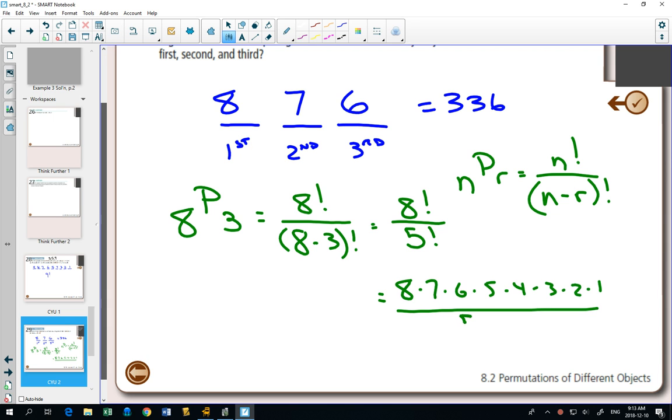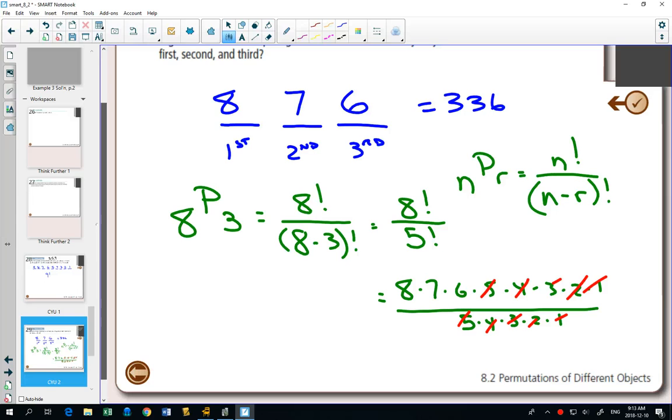And 5 factorial is 5 times 4 times 3 times 2 times 1. And what happens to a bunch of the things? They all cancel out. And you just get 8 times 7 times 6, which is the same as what we could do with our spaces. But there is a formula for it as well.